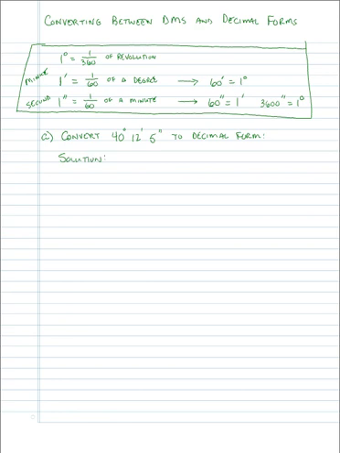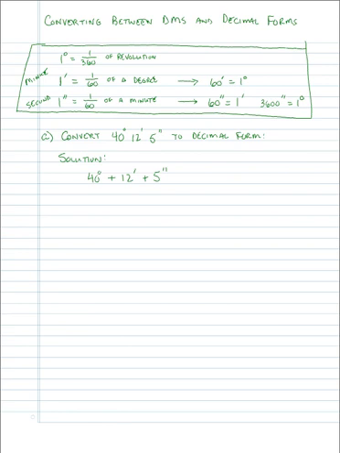Let's write this out as 40 degrees plus 12 minutes plus 5 seconds. And what we're going to end up doing is we're going to see what decimal part of a degree 12 minutes is. And so we're going to add that decimal to it. That's the reason we're writing it this way.